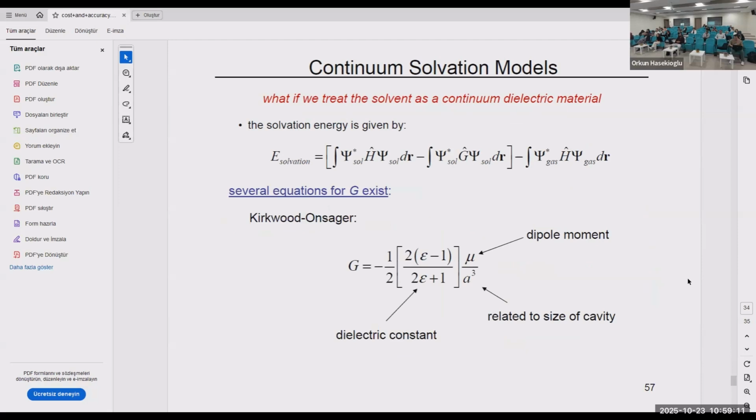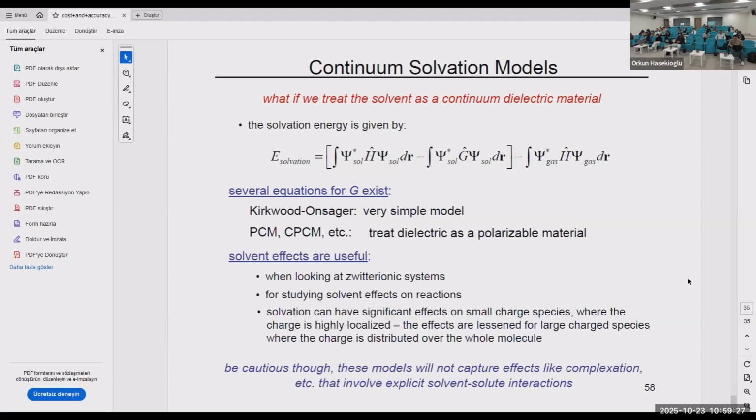So several equations for G exist, like the Kirkwood-Onsager method. We have the dielectric constant, which is the epsilon here, dipole moment mu, and related to the size of the cavity by a. So some of the models that are available are Kirkwood-Onsager, a very simple model, PCM and CPCM, and, which I forgot to write here, the COSMO and COSMO-RS models, which I like to use also in my calculations.